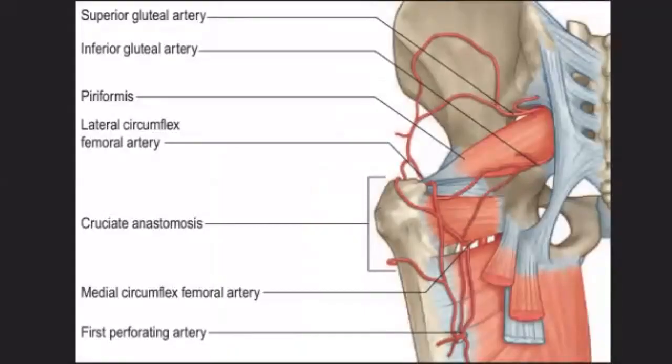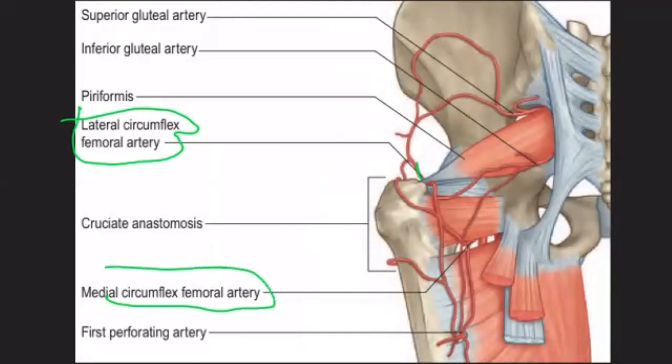Lateral circumflex, this is the anastomosis. Lateral circumflex femoral artery, this one. This is the medial circumflex, forming the anastomosis around the trochanter.